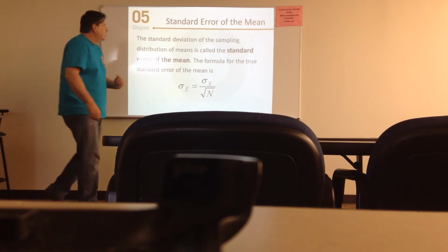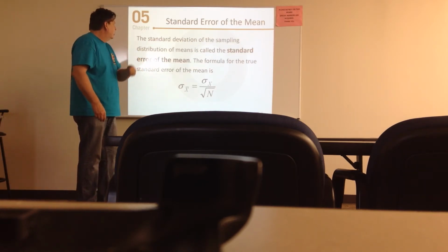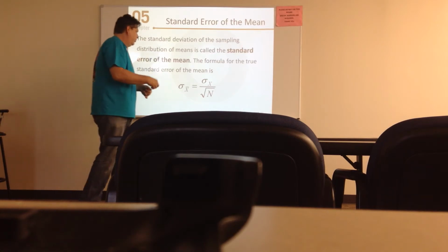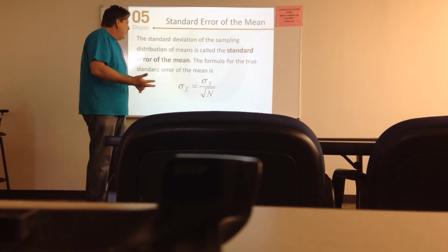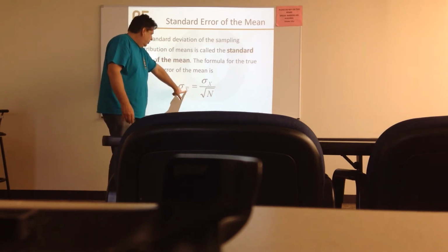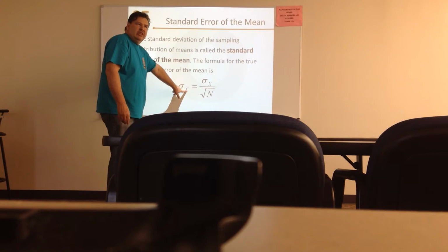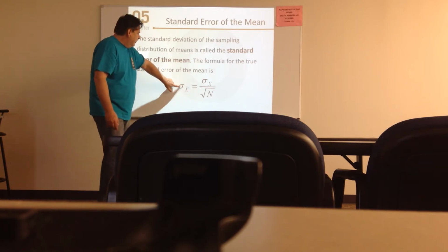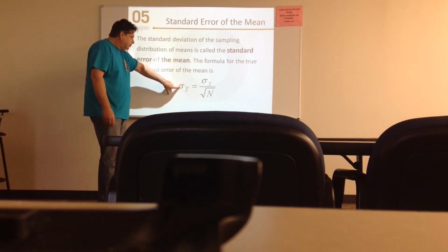The standard deviation of a sample distribution of means is called the standard error of measurement, or the standard error of the mean. Basically, we take the standard deviation of a sample to estimate the population standard deviation.